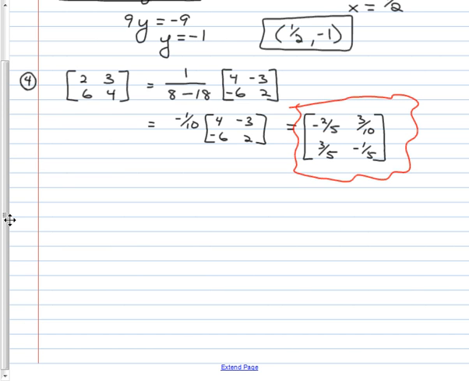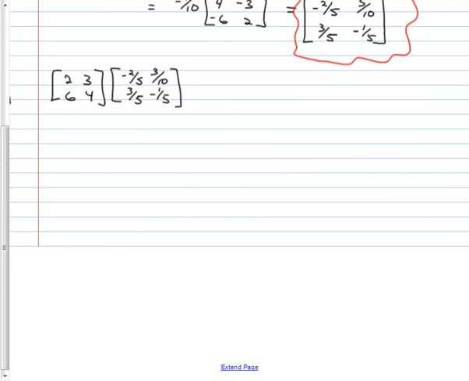I get the identity when I multiply the original, 2, 3, 6, 4, times the inverse, negative 2 fifths, 3 tenths, 3 fifths, negative 1 fifth. And we're going to do the second one on the calculator, but I want you to show me one.